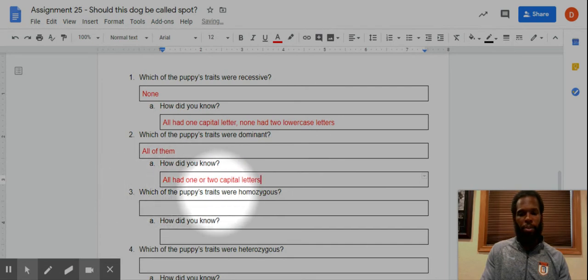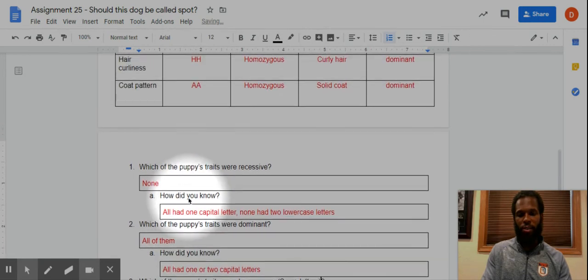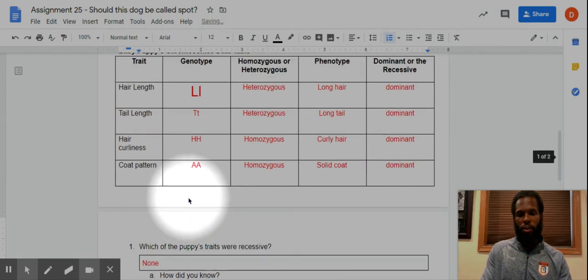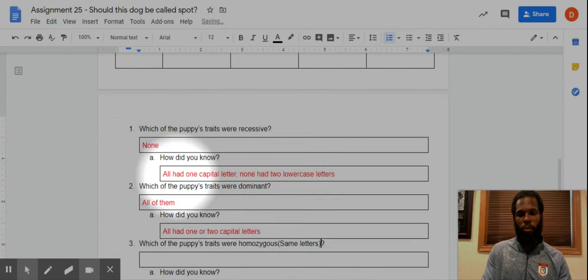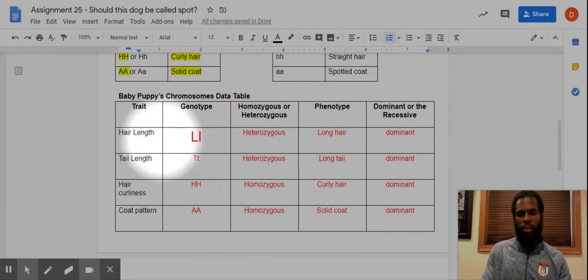Here's question number 3. Which of the puppy's traits were homozygous? This word homozygous means same letters, right? So which of the traits were homozygous? Back to our tables here. So homozygous. So we see hair length, nope. Tail length, same, nope. Hair curliness, yes.